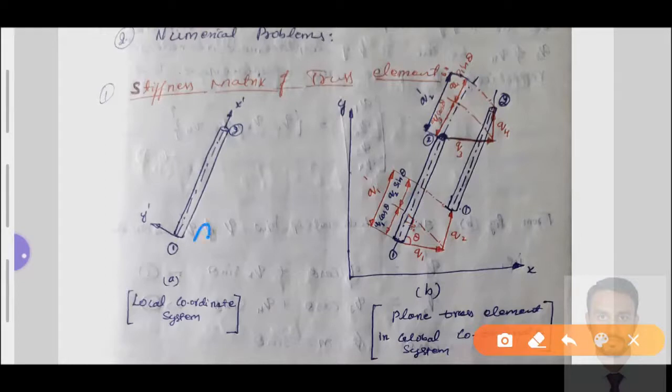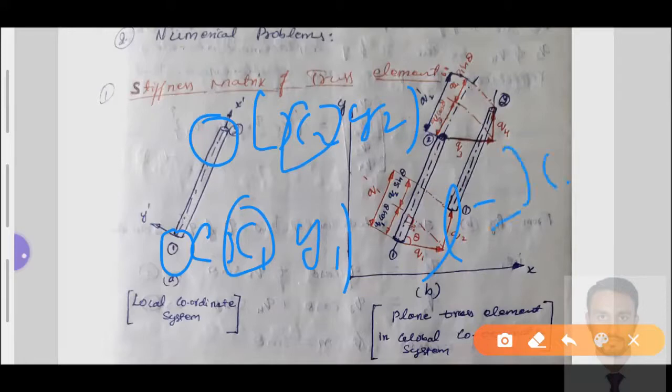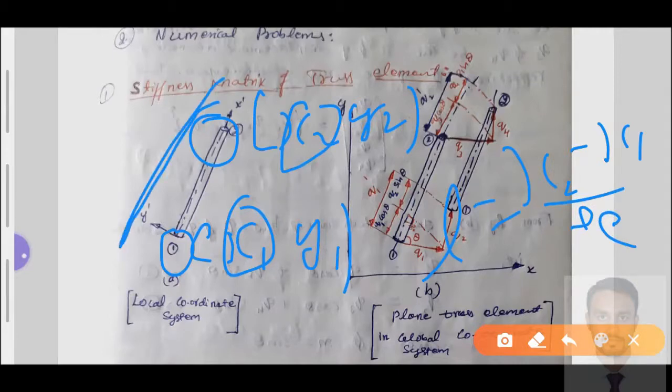So for that we have x1 comma y1 at node number 1, and at node number 2 we have x2 comma y2. We take these two values to find the value of L, which is x2 minus x1 divided by LE, the total length of the element. So this is the direction cosine, cos theta.